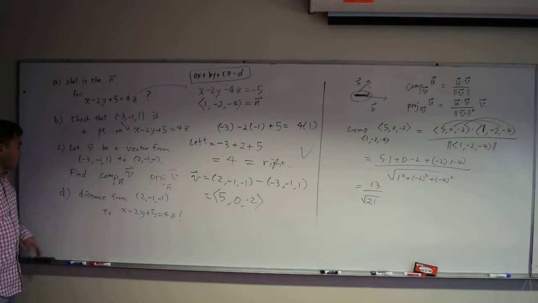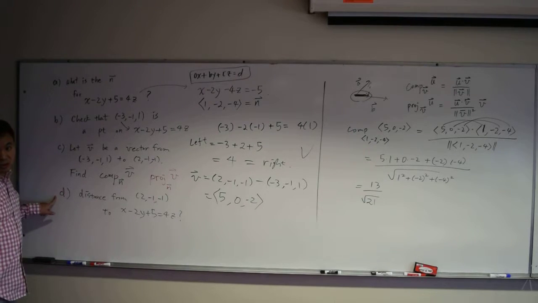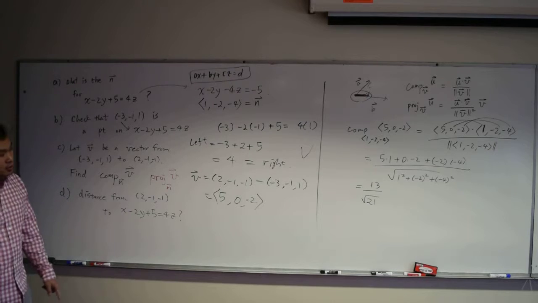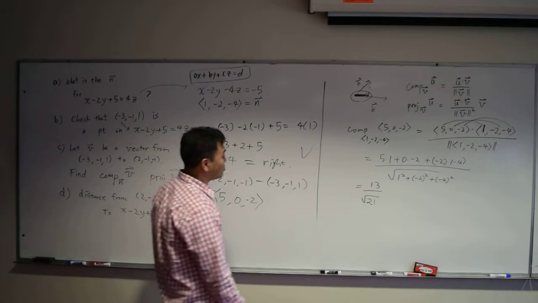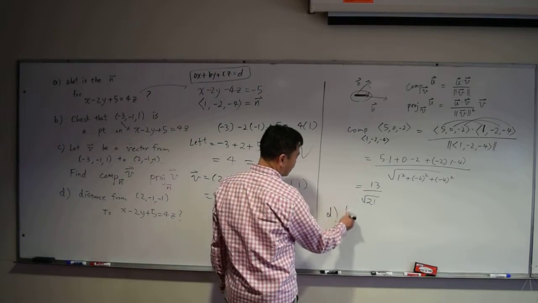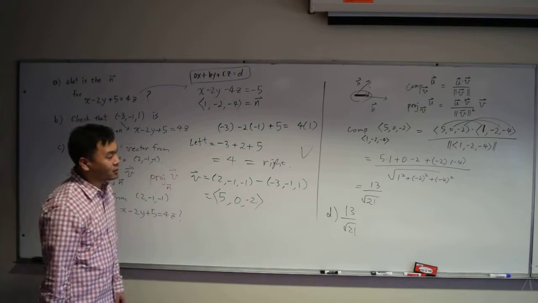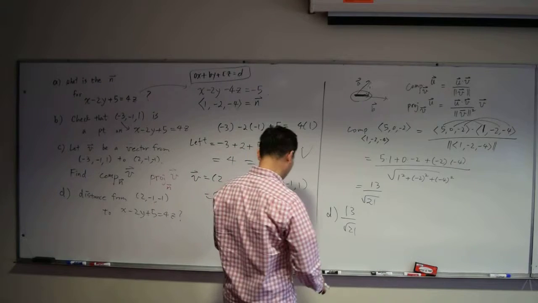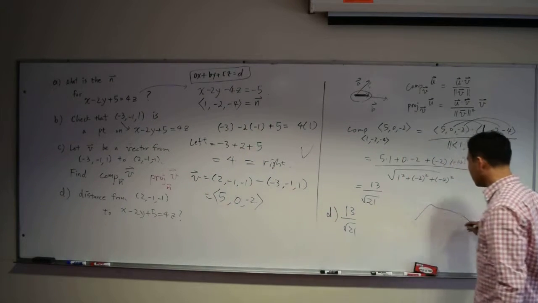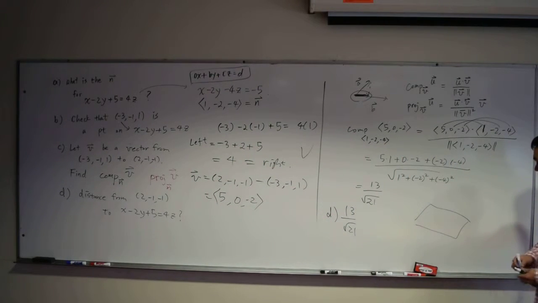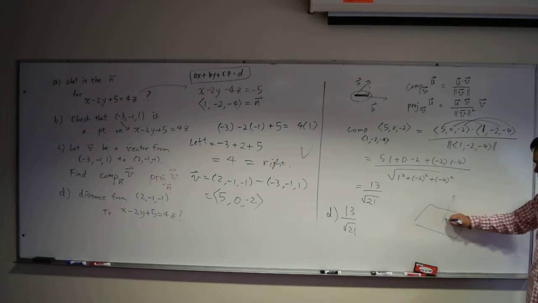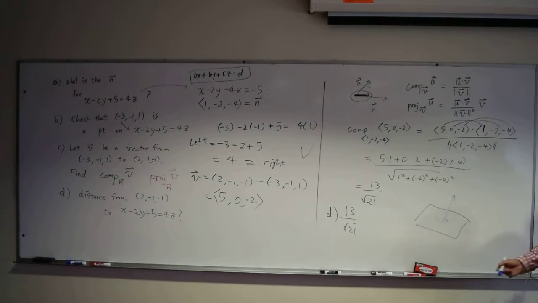And then the question was, what's the distance from (2, negative 1, negative 1) to this plane? And the answer to D is this exact thing. And the reason for that is, think about the following picture. You have a plane, and you have a normal vector perpendicular to it.